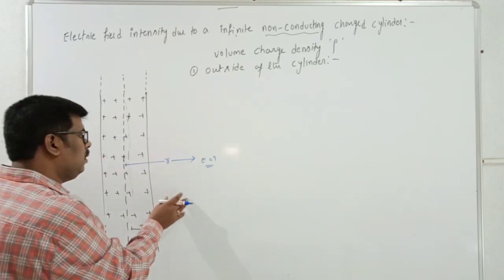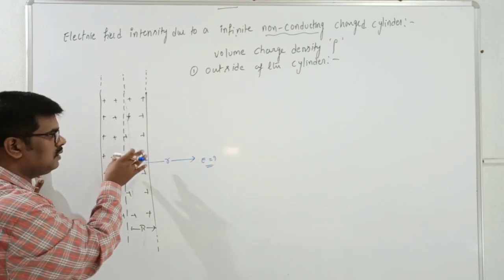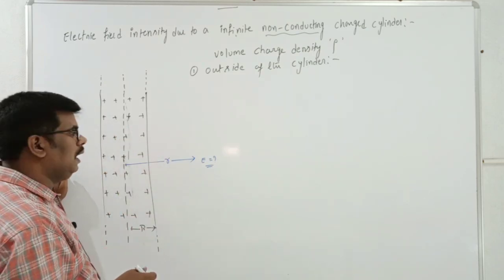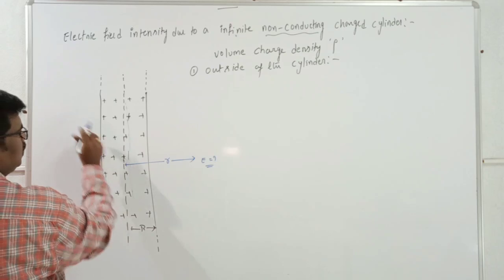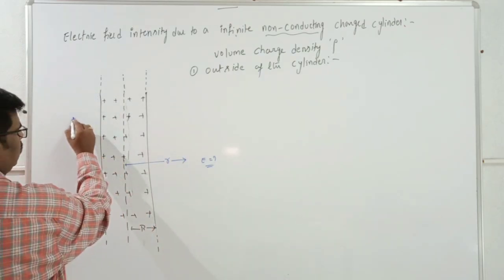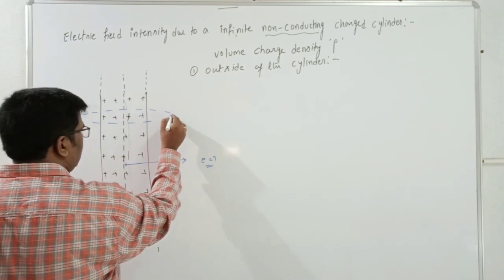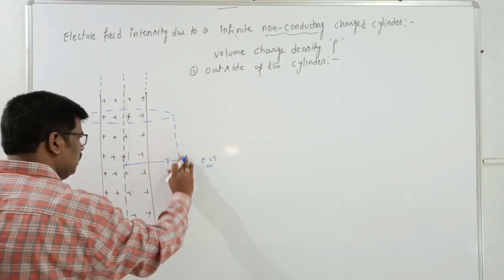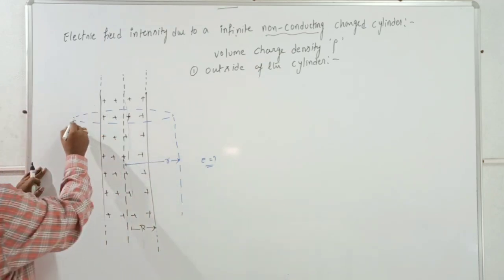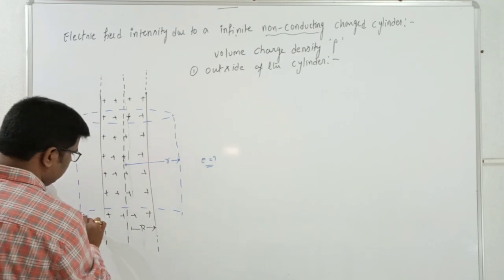It is a cylindrical body, so we can enclose it by constructing one cylinder only. That's why I am going to take here one imaginary Gaussian cylinder like this.